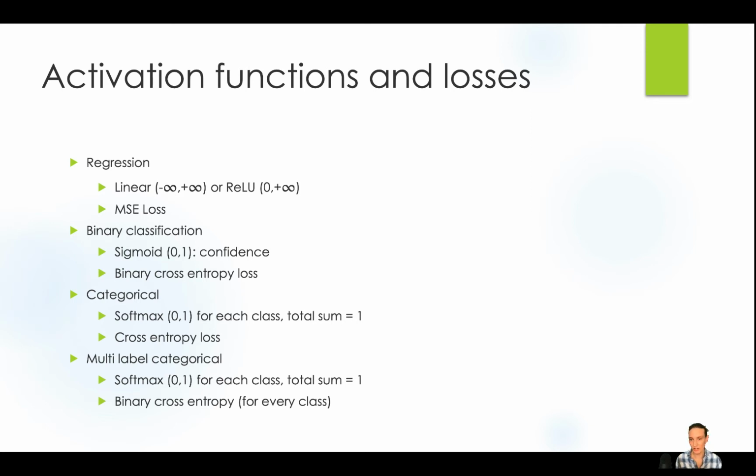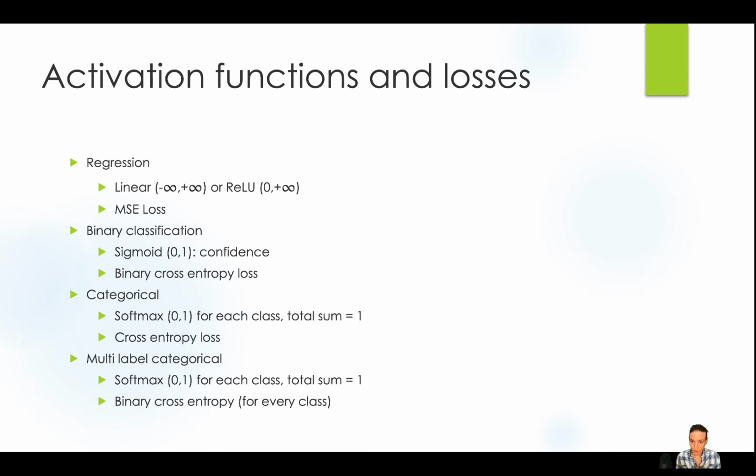Now, if we're doing regression, we can use a simple mean squared error loss, for instance. I'm sure you remember from last class, it basically takes the mean squared distance between the predicted output of the final node in the network and the actual labels.